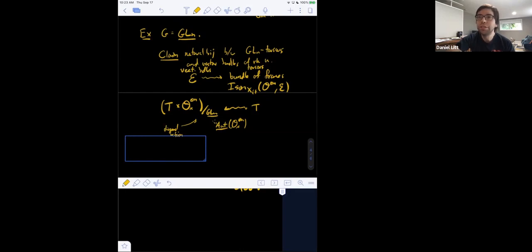Ben Church, can you play the same game and take the associated vector bundle for the adjoint representation? So I mean, you can do that. That's a thing. It's not a GLN torsor. And the reason why is, well, what are the fibers? The fibers are just vector spaces. And unless the rank of that vector space is 1, that's not isomorphic to GLN. Does that answer your question, Ben? Yeah, I mean, in fact, they're even the wrong dimension, right?